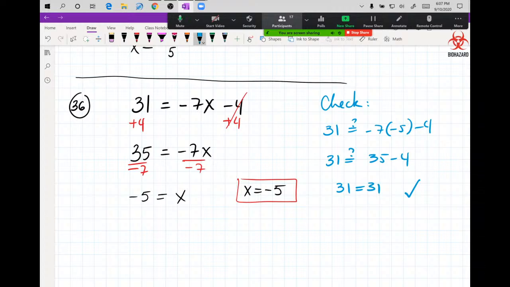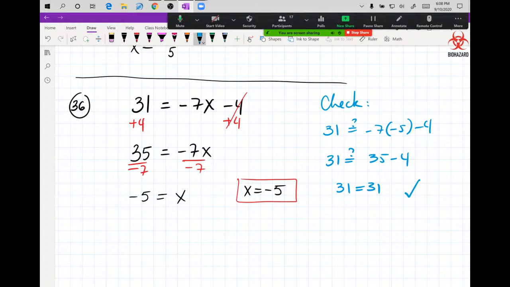So when you do the check, you absolutely have to get the same number on the left and right. If you're not, that means your solution is most likely incorrect, and you need to redo it, given that you computed correctly in the check.